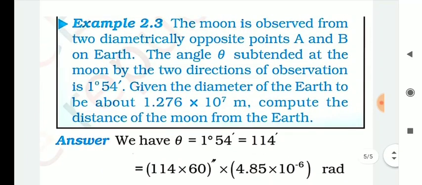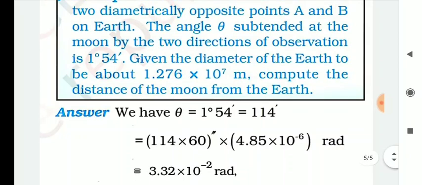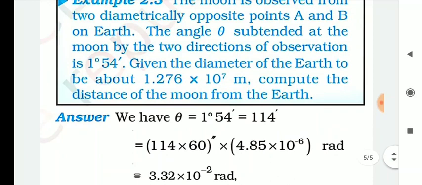So what are the given values here? Very first, we have the angle subtended, 1 degree 54 minutes. We have the value of the angle in terms of degree and minute, so we have to convert that value into the smaller unit. From degree to minute, the minute is the smaller unit, so we'll convert the whole value into minutes.